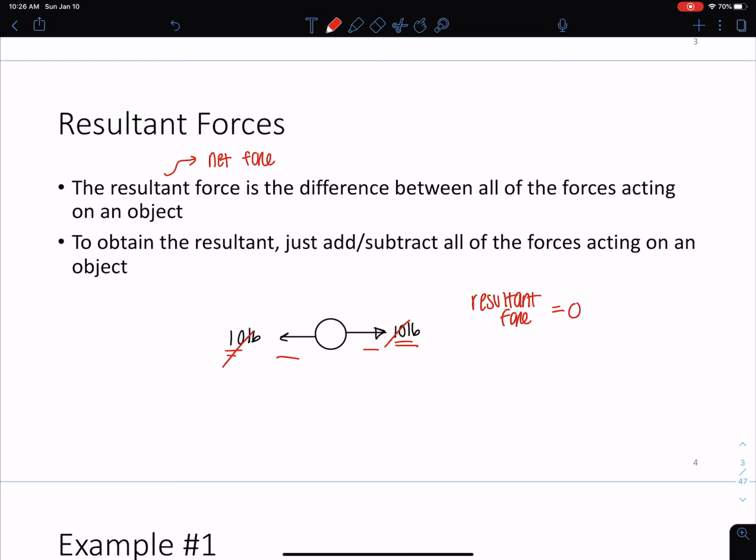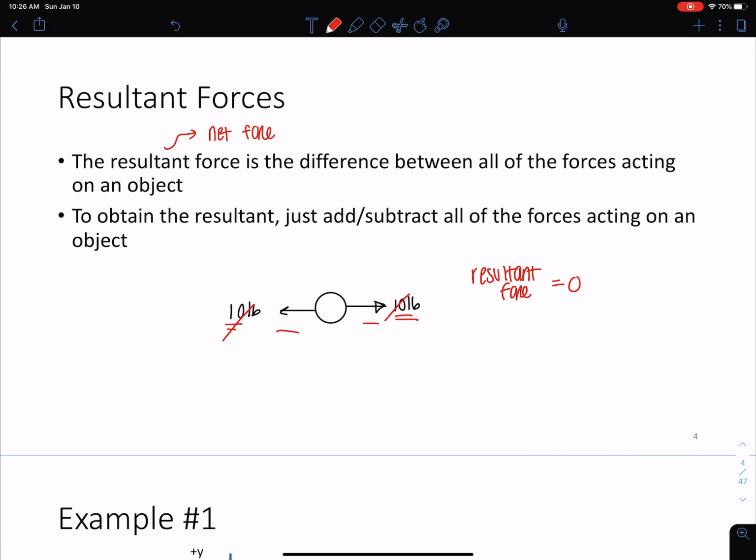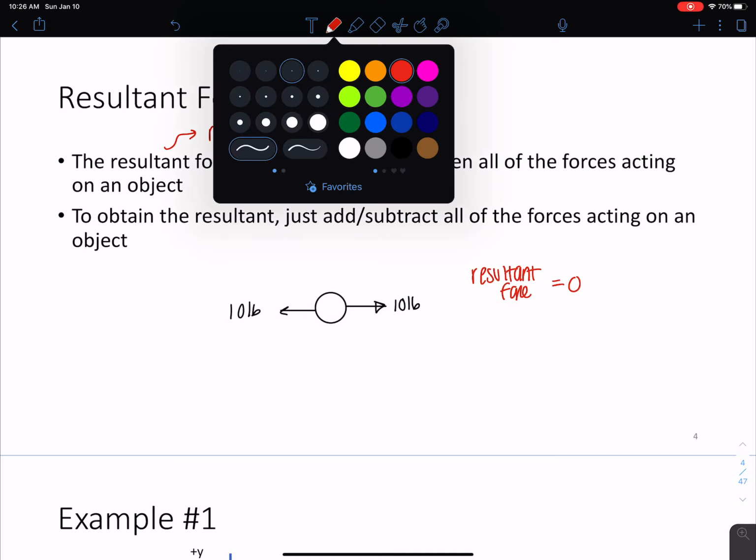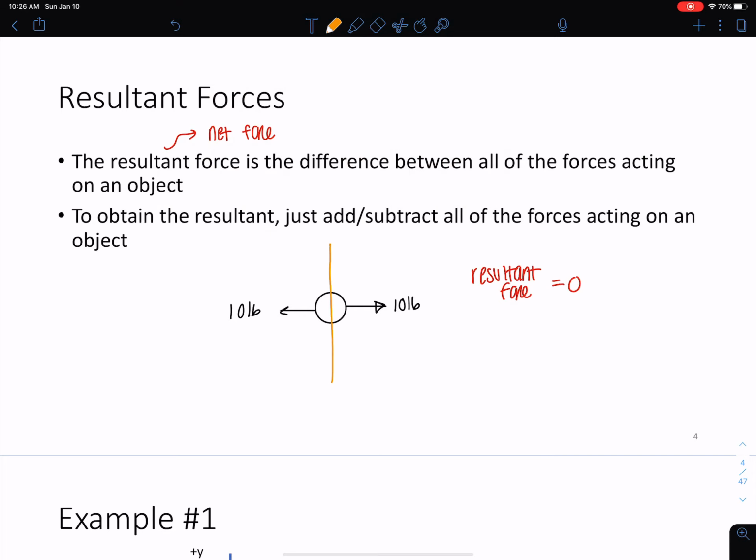So really, if I wanted to write this out, let me show you how I would write this out. These will get a little bit more complex than what I'm drawing now, so this is a preview for later. Typically, I would have my x-axis and my y-axis, right? And what I can say is, well, this 10-pound force acts in the positive x.